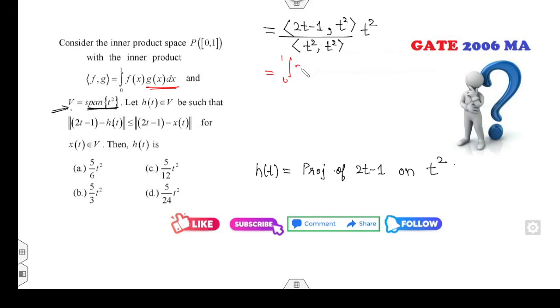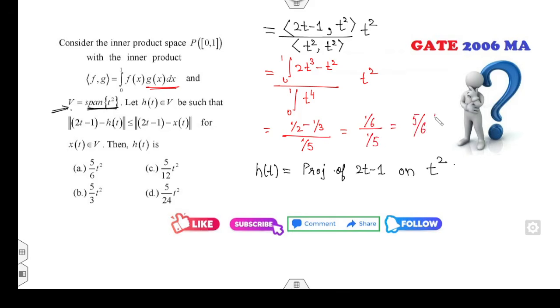So if you multiply them, it's 2t cube minus t square, divided by t raised to power 4 times t square. So the numerator becomes 1 by 4, 2 by 4 means 1 by 2 minus 1 by 3, divided by 1 by 5. 1 over 6 divided by 1 over 5.